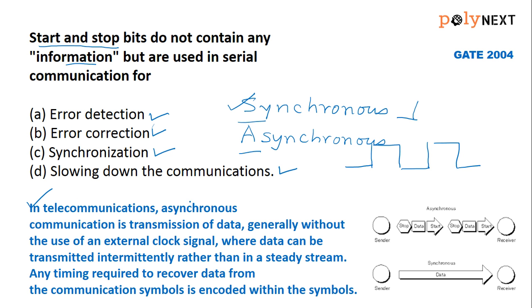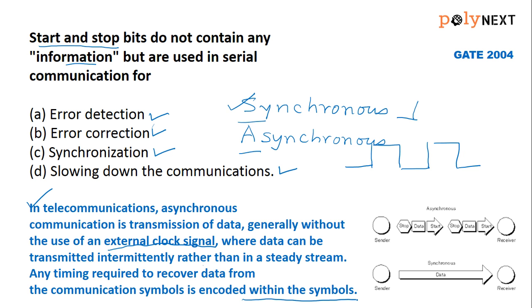In telecommunications, asynchronous communication is transmission of data generally without the use of an external clock signal, where the data can be transmitted intermittently rather than in a steady stream. In serial communication, we usually transfer our data as and when required. Any timing required to recover data from the communication symbols is encoded within the symbols only.